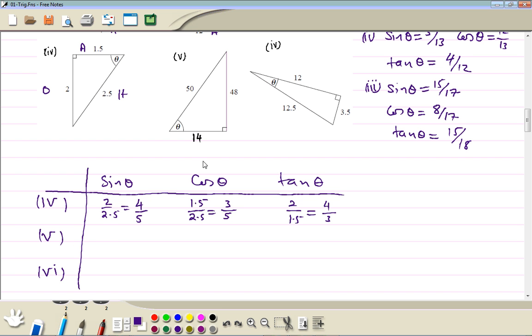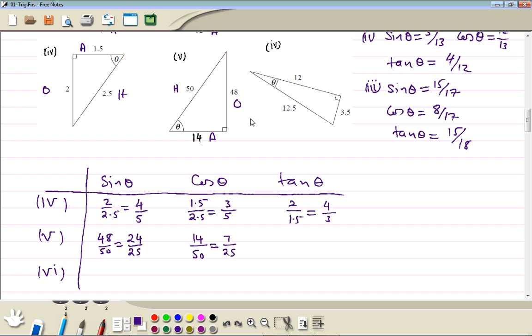Number 5, sine theta is opposite over hypotenuse, so it's 48 over 50, which is 24 over 25. Cosine is adjacent divided by hypotenuse, 14 divided by 50, cancel down to 7 over 25.